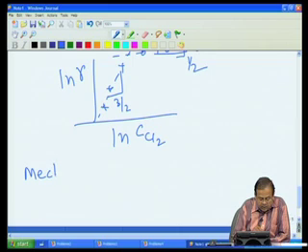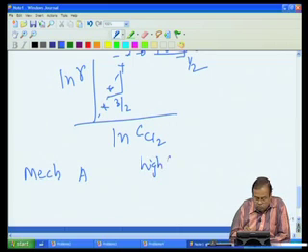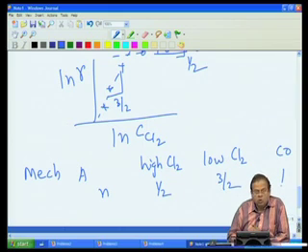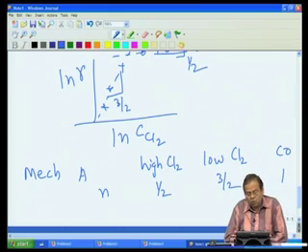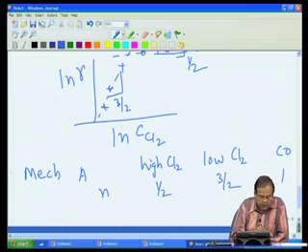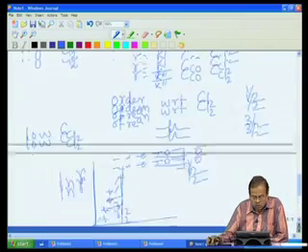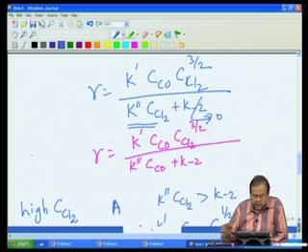Mechanism A is correct if for high Cl2, low Cl2 and carbon monoxide, the orders are half, 3 by 2 and 1. On the other hand, what if mechanism B is correct?